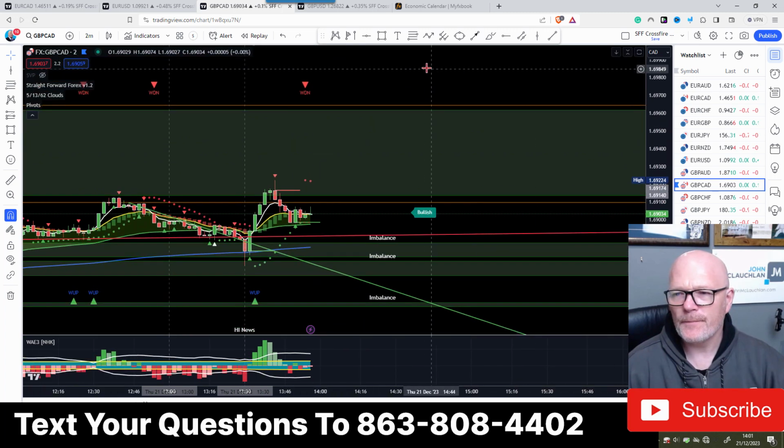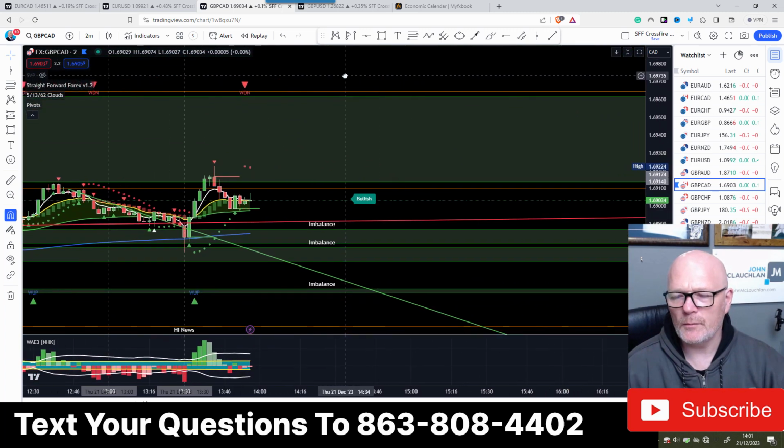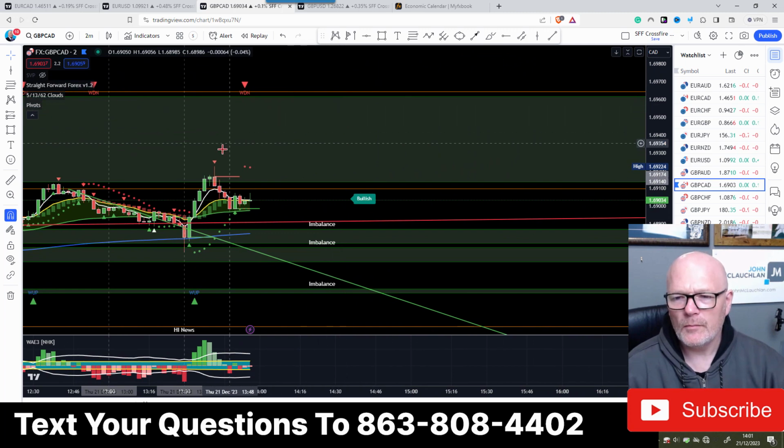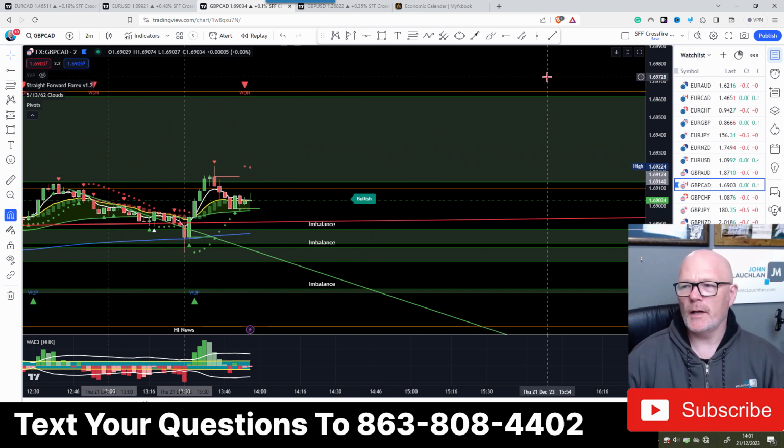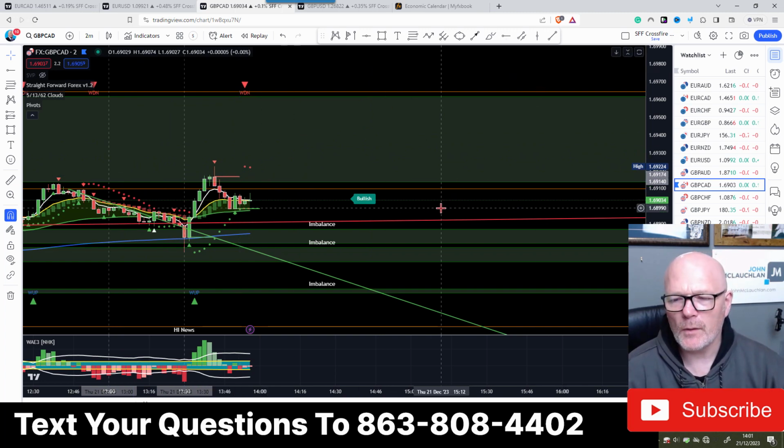This will be a big move. And again, what I would probably do is put a horizontal ray, if my alerts would work, over there, and then put an alert on the horizontal ray, and that will give you an alert as to when that price might be in the right position to go and take the buy.